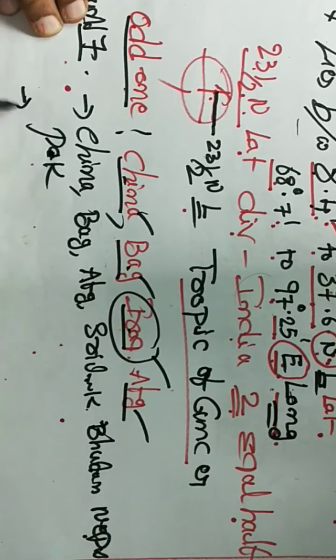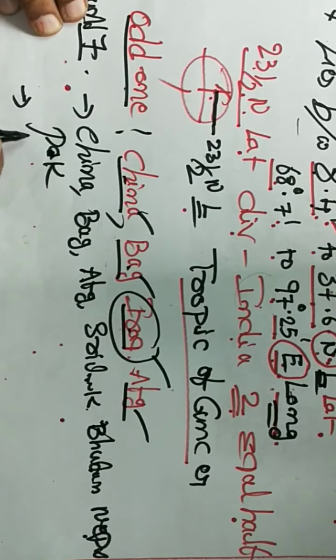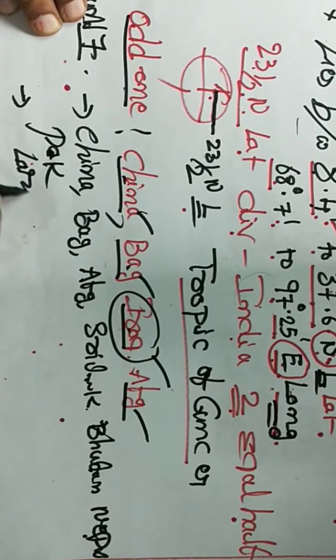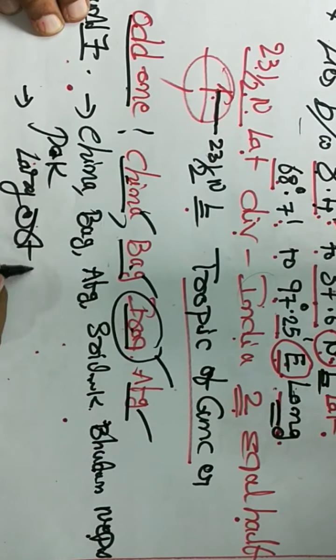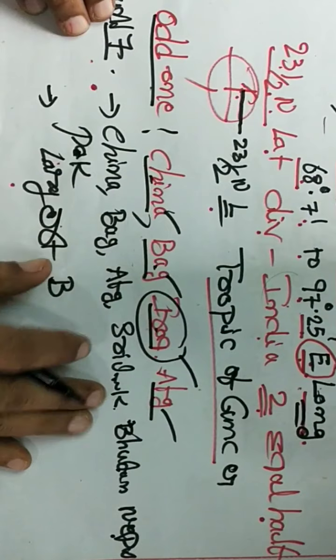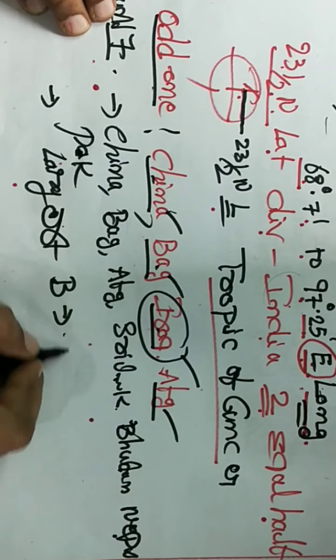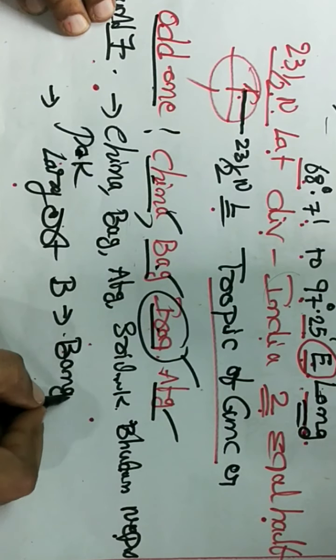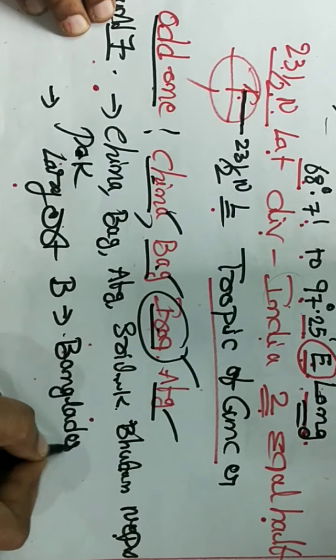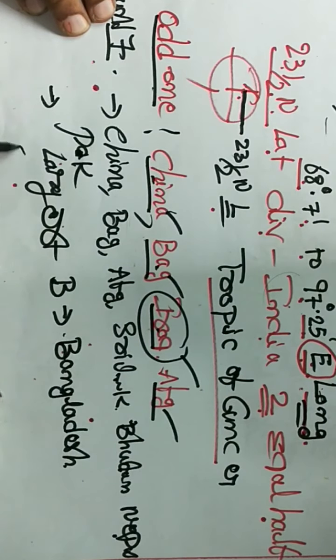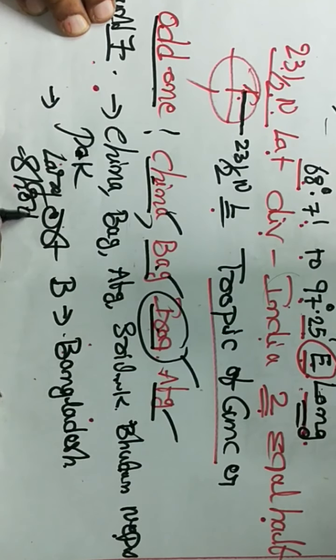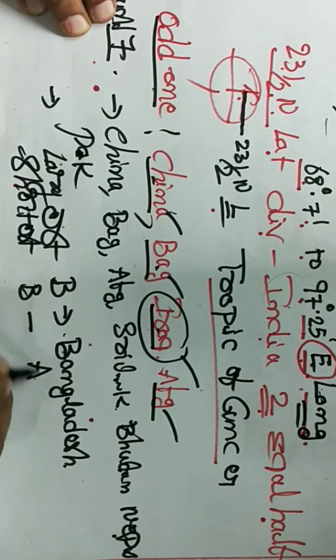Here, to continue to this one, India is sharing largest boundary with Bangladesh, and shortest boundary is with Afghanistan.